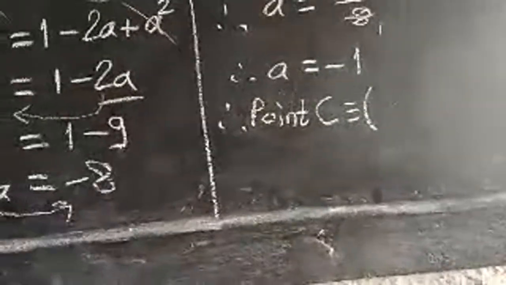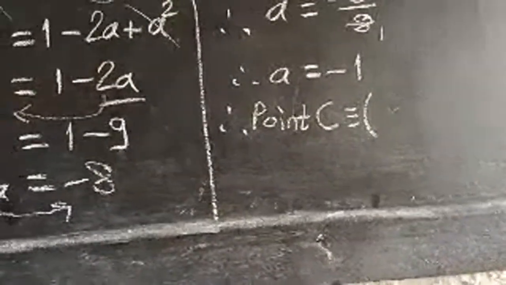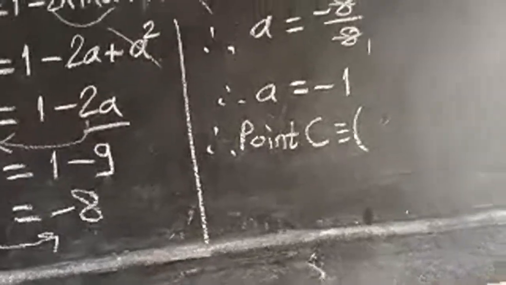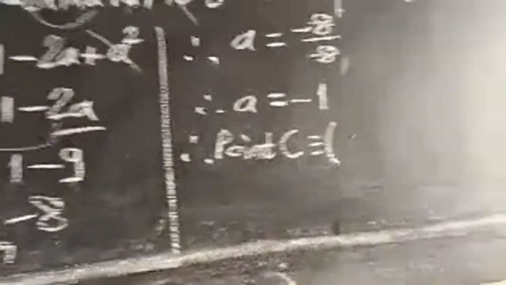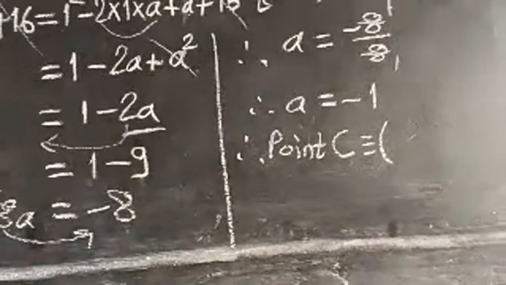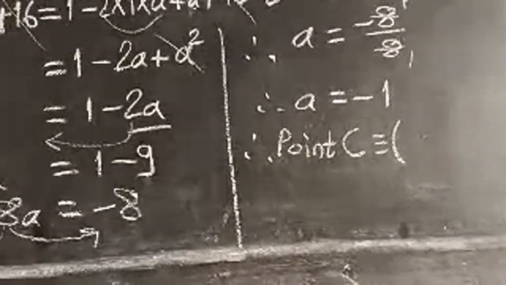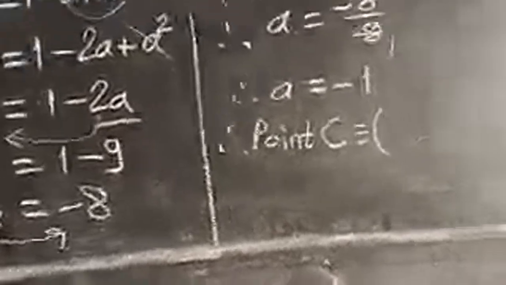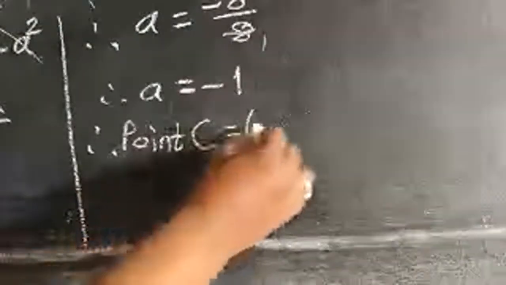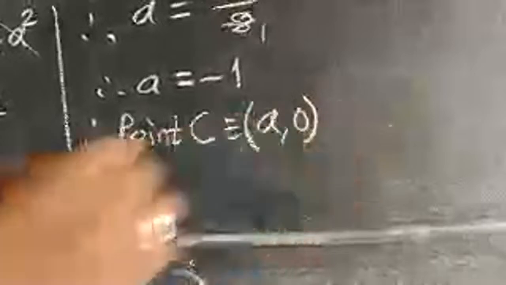Yes? Point C we consider A. Small mistake. Yes, A0. Point C is considered A0. One student says A, another student says 0. Here point C is A0 we consider.